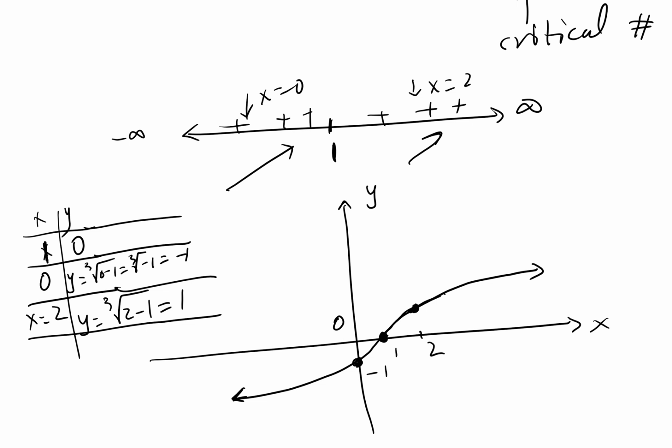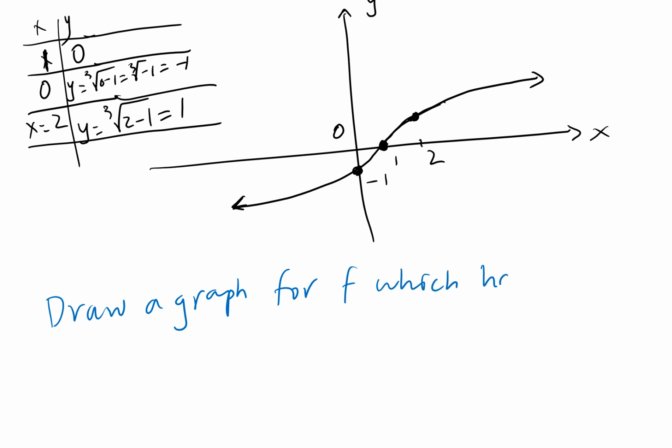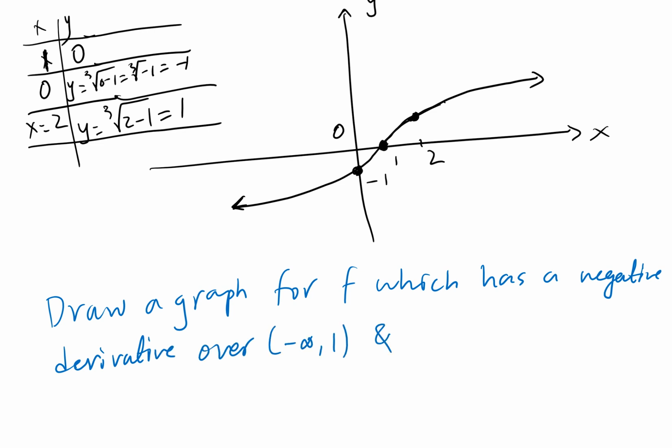Now, another example about relative min and max. We can sketch a graph for f, which has a negative derivative over negative infinity to 1 and a positive derivative over 1 to infinity.